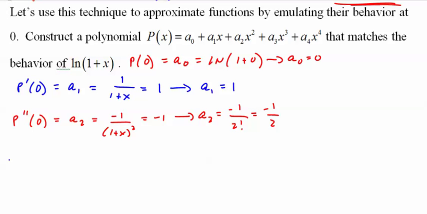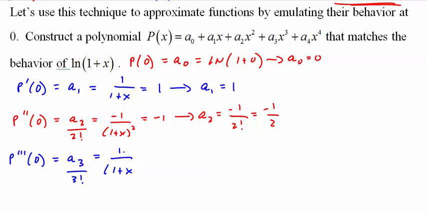And if you think about derivatives, you can see why. Triple prime of 0 is going to equal a3. Well, actually, let's write that in. a2 over 2 factorial. a3 over 3 factorial. We get 1 over 1 plus x. No, we don't.